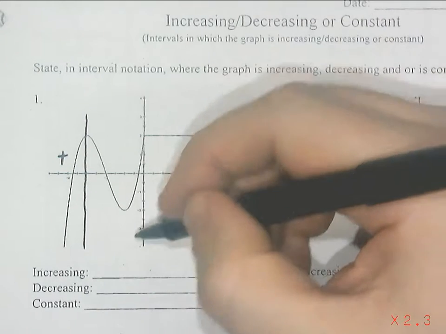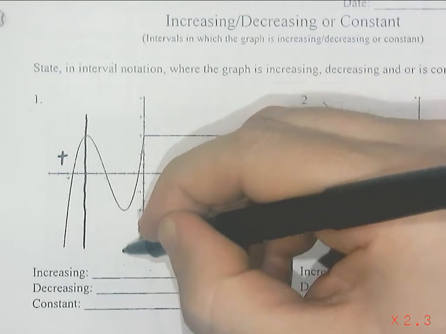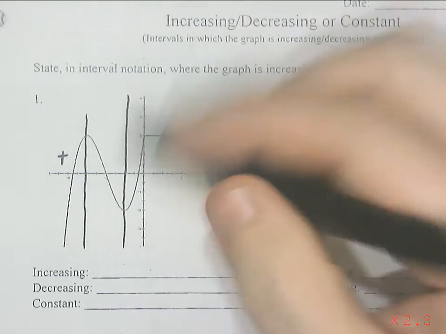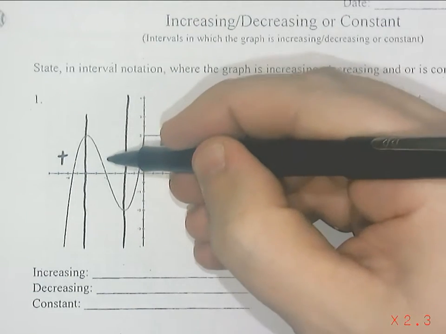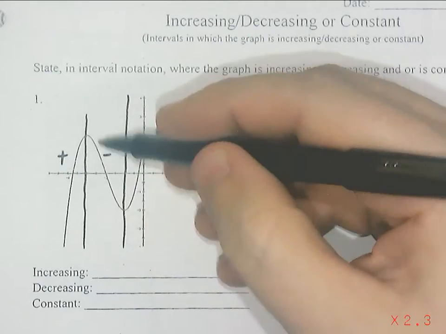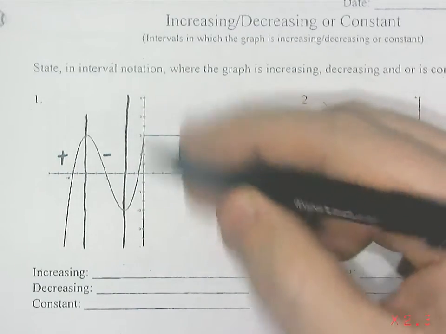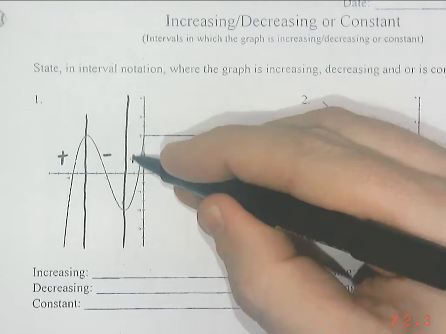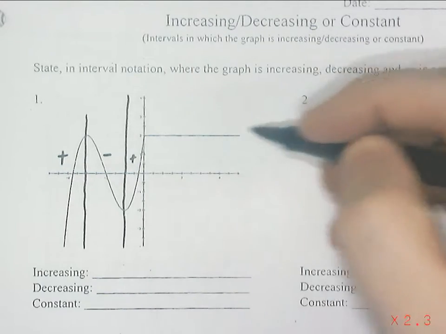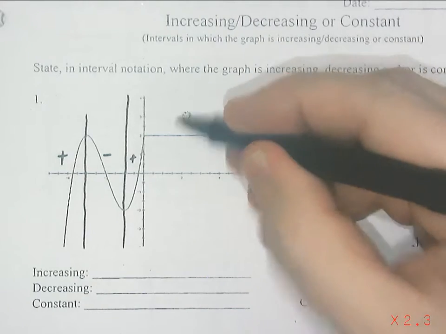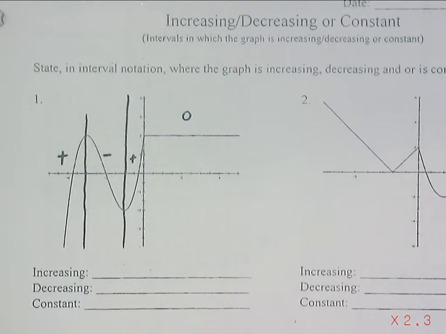Then from about this line, it looks like it is going down, so from there to there, it's decreasing. And then, using the y-axis as my other line, it looks like it's increasing here. And then from here over, it looks like it's constant or has a zero slope, so I'm just going to put a zero there for a constant.